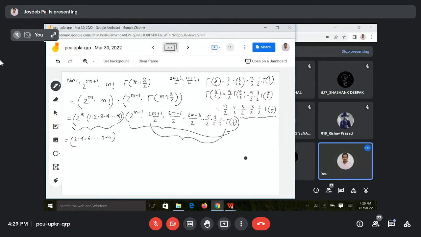You just count the numerator values 1, 3, 5, 7, then up to 2m minus 1, then 2m plus 1. Actually, 1 to 2m minus 1, the odd numbers you count, 1, 3, 5, 7 up to 2m minus 1, that is m. And another one, 2m plus 1, is there. So m plus 1 number of terms are there.